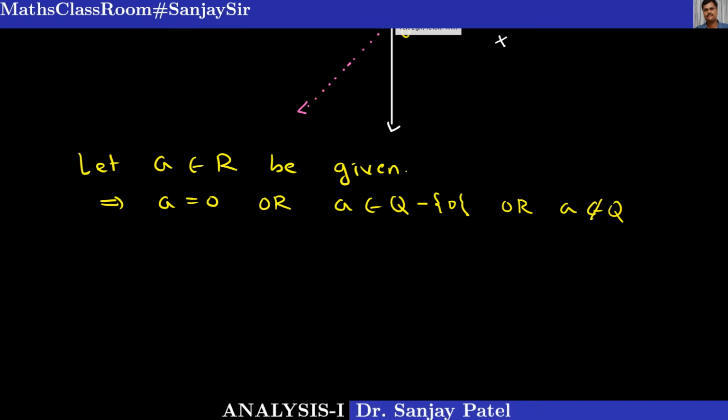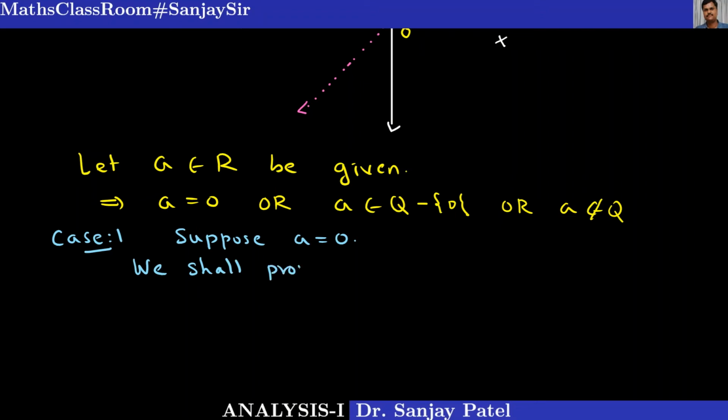So case 1, suppose A is equal to 0. As our discussion suggests, the function is continuous, so we shall prove that limit x tends to a of f(x) is equal to f(a).